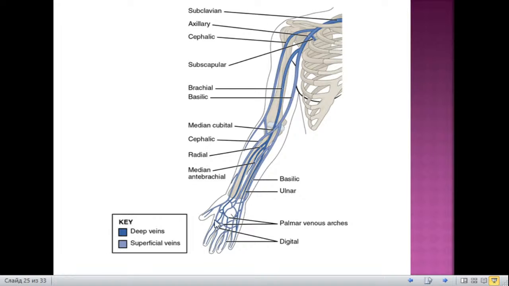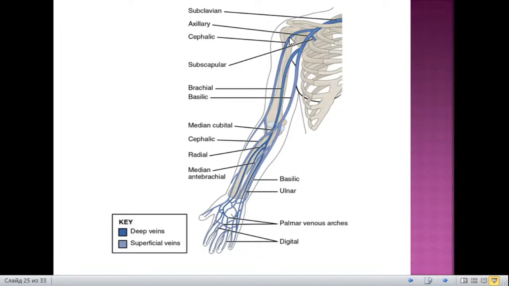About the cephalic vein, it originates at the dorsal side of the hand like a continuation of the first dorsal metacarpal vein. After that it goes to the ventral side of the forearm, crosses the elbow joint and goes to the lateral bicipital groove.